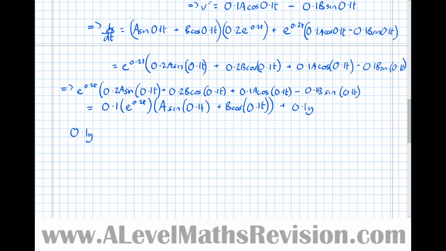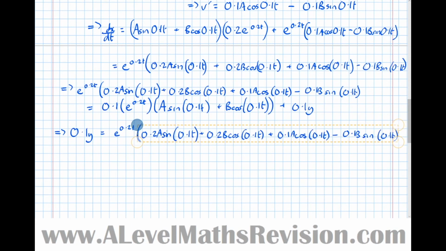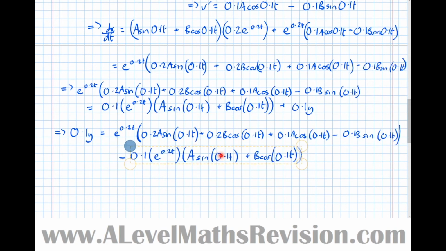So 0.1y equals, we've got e to the 0.2t, and we're just going to write this out again. So I'll speed things up by just copying that. There it is there. Close bracket. Then, because what we're doing is taking this term now to the other side, take this one here, take away that there.